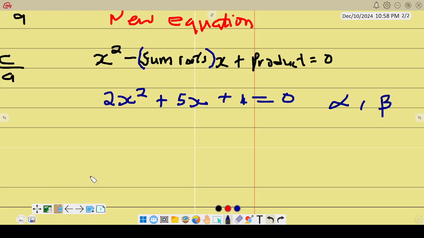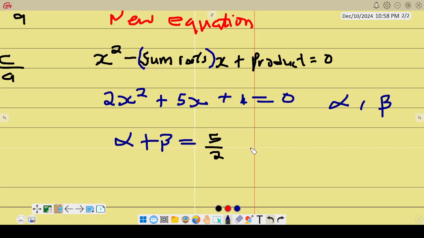So what you're going to do is say, okay, the sum is alpha plus beta. Remember I told you it relates to the middle part, b. So alpha plus beta is 5 over 2.